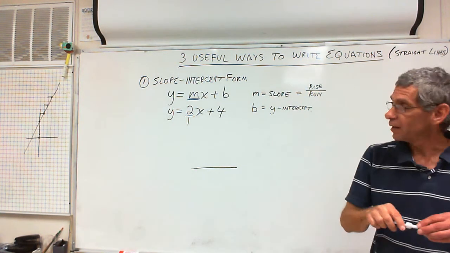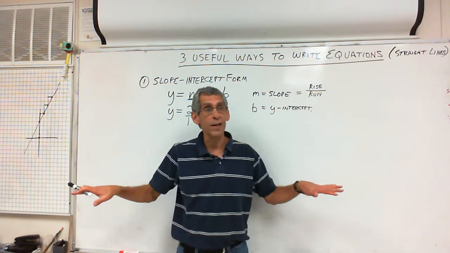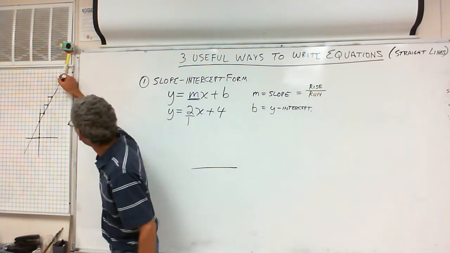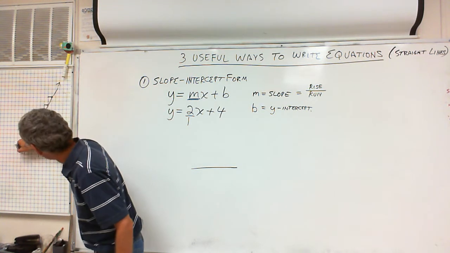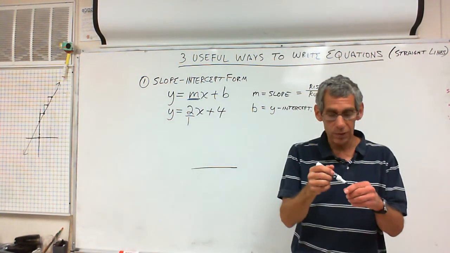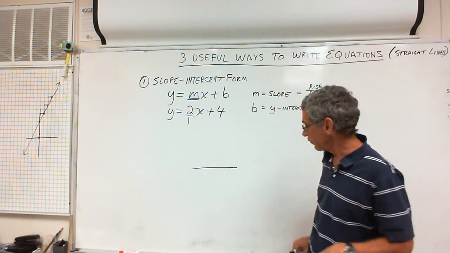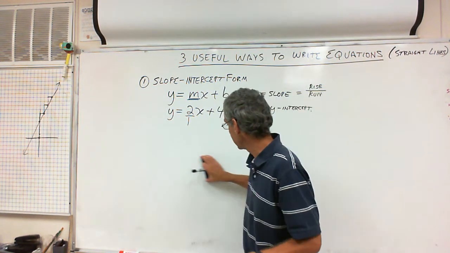It's always going to be a straight line. And that line will represent all the possibilities, especially if I put a little arrow on the end of it to tell you that it goes on forever. Okay, so that's the first useful way of writing an equation.